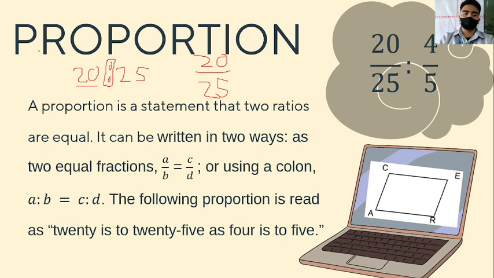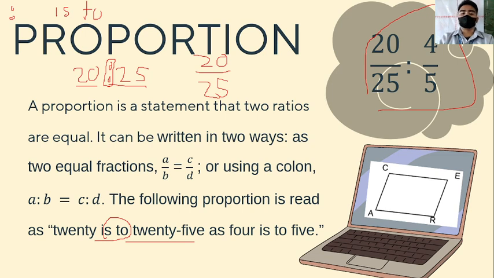The colon is read as "is to." So, if we read it as a whole, it is read as 20 over 25 or 20 is to 25 as 4 is to 5.